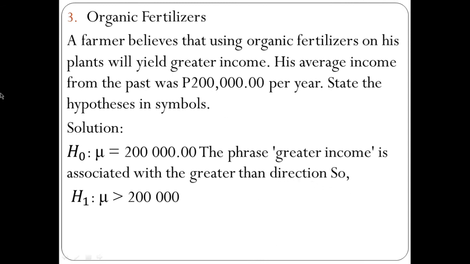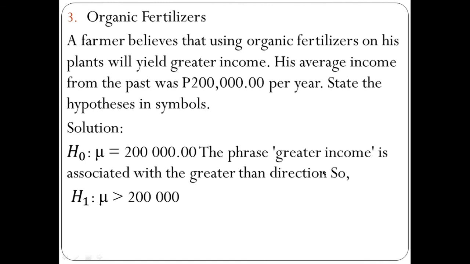Diretso tayo sa mean equals 200,000. Then, since mayroon tayo dito na greater income, mapupunta po to class doon sa alternative hypothesis wherein H sub 1, so mean is greater than 200,000.